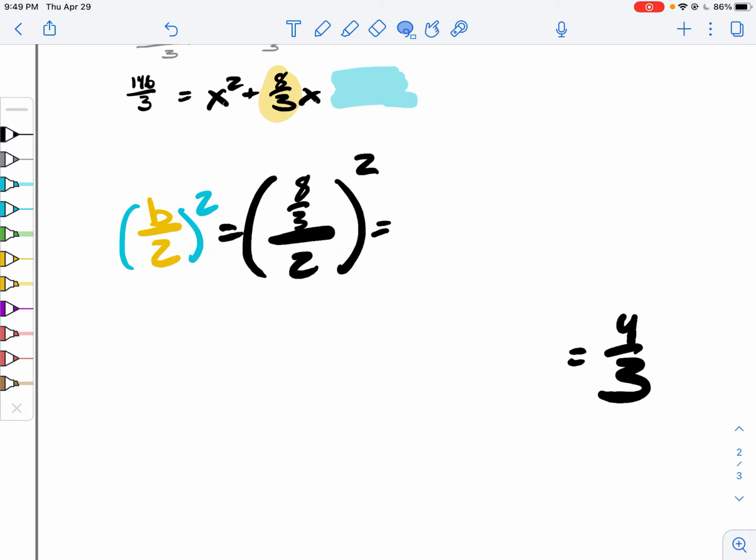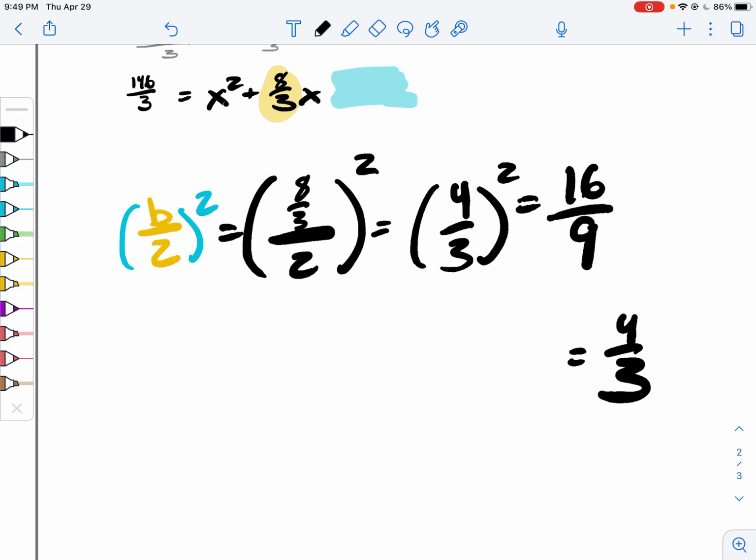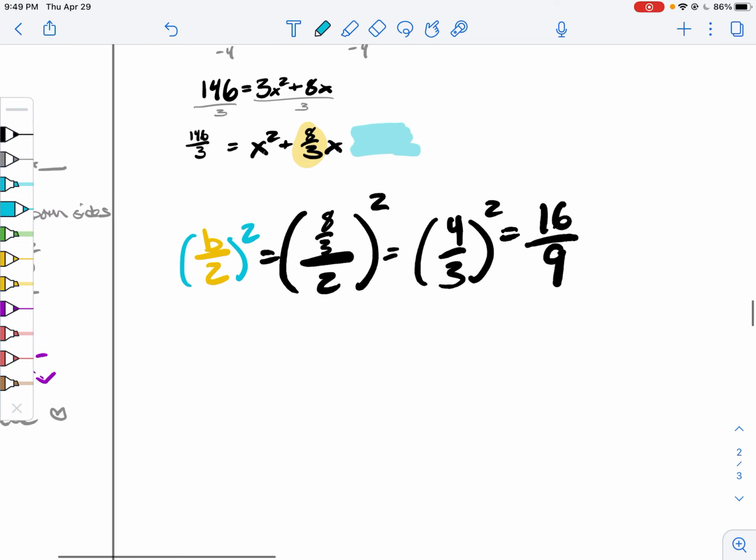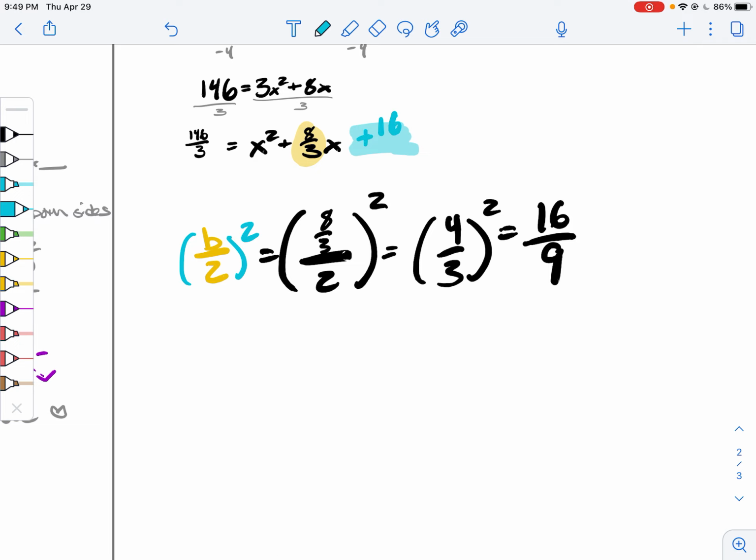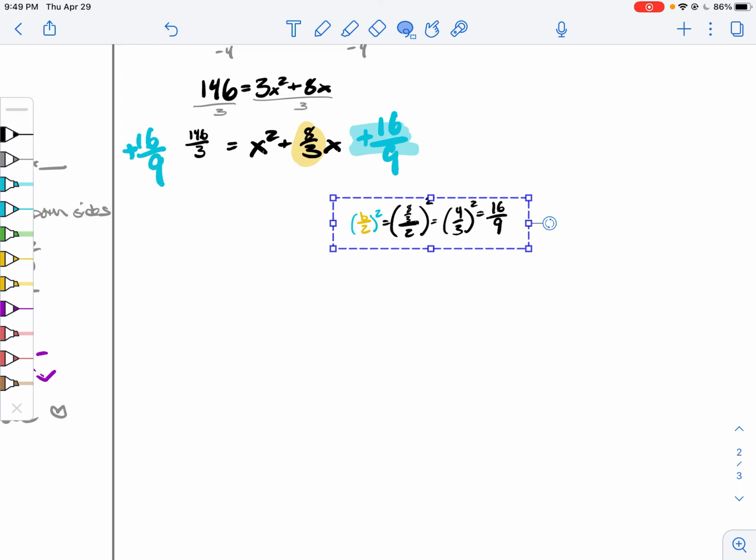So that's the same thing as 4/3 squared, which is 16 divided by 9. Need to rewatch that? Go ahead and rewind and watch that. Regardless, we're adding 16 over 9 on both sides.